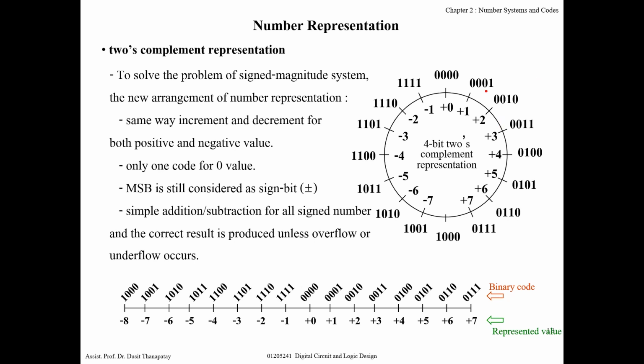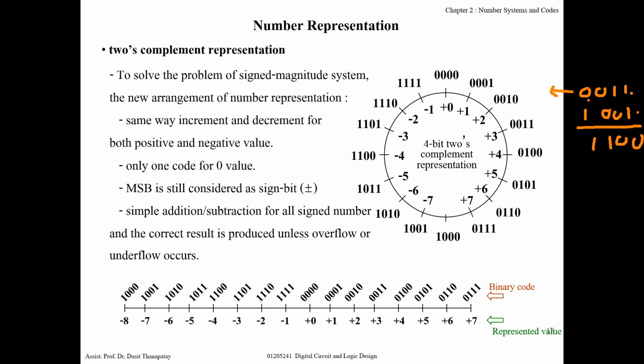For this one, this is the binary code, and this one is the decimal value. At first, let's try to do addition in this number system, for example, this one. The result is 0 0 1 1, right?